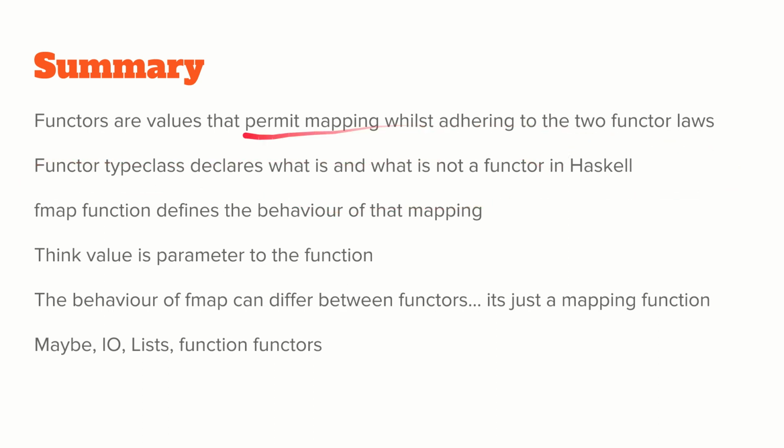The functor type class declares what is and what is not a functor in Haskell. So it could adhere to those laws, could look a lot like a functor, but it won't behave like a functor in Haskell because we don't actually apply the type class of functor to it.